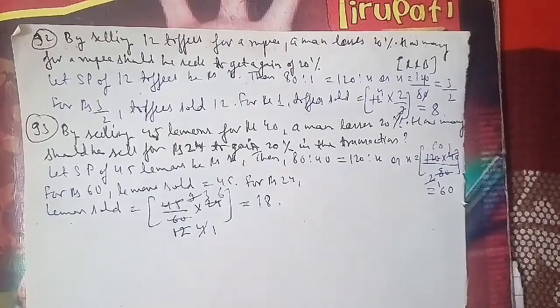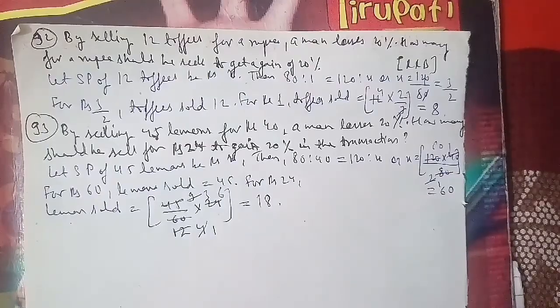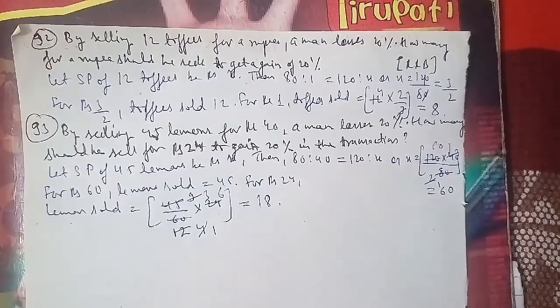In quantitative aptitude, we started with arithmetical ability. We have completed the 11th topic: operations on numbers, HCF and LCM of numbers, decimal fractions, simplification, square roots and cube roots, averages, problems on numbers, problems on ages, surds and indices, percentage, and now profit and loss.